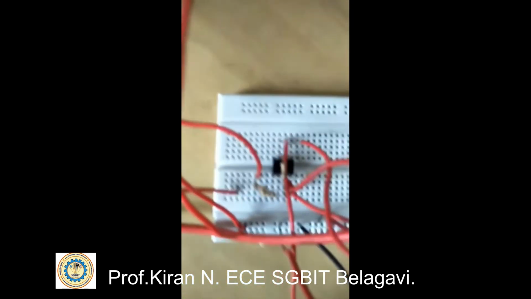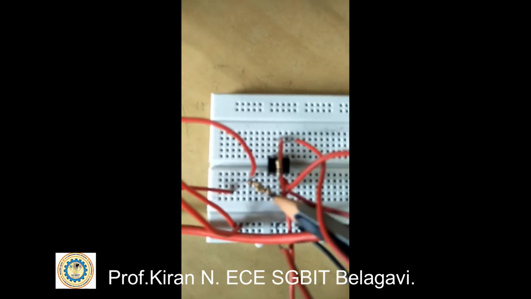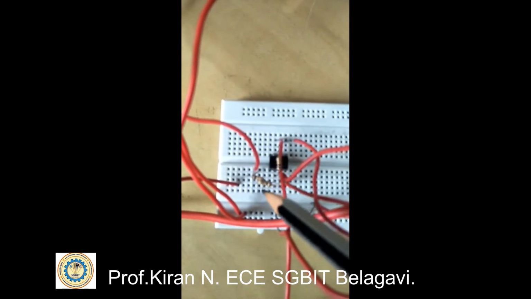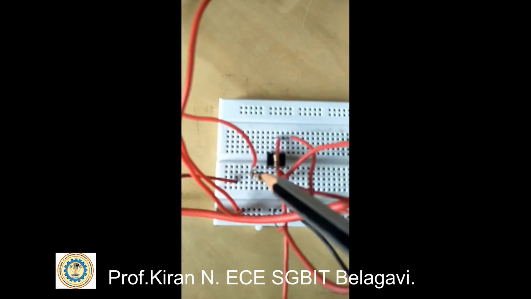We'll see here how the circuit is. These are the two resistors which are connected across the input voltages V1 and V2.